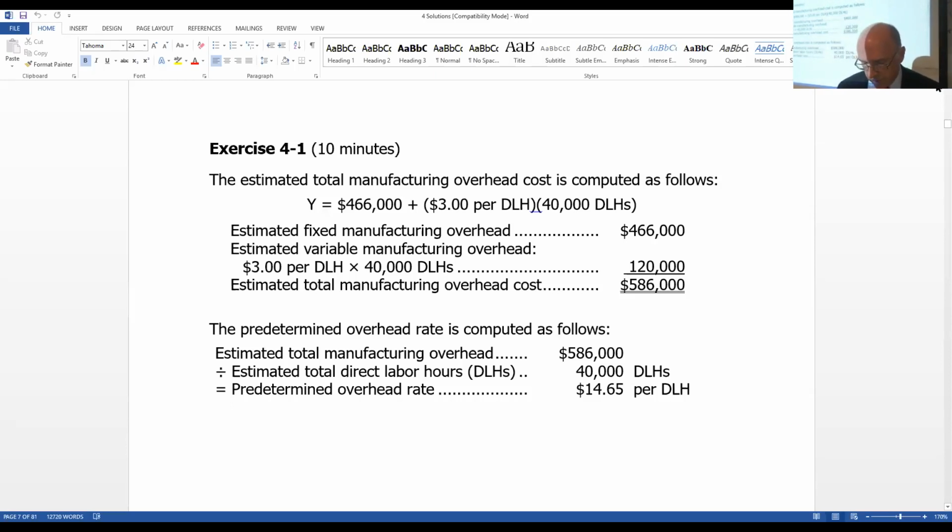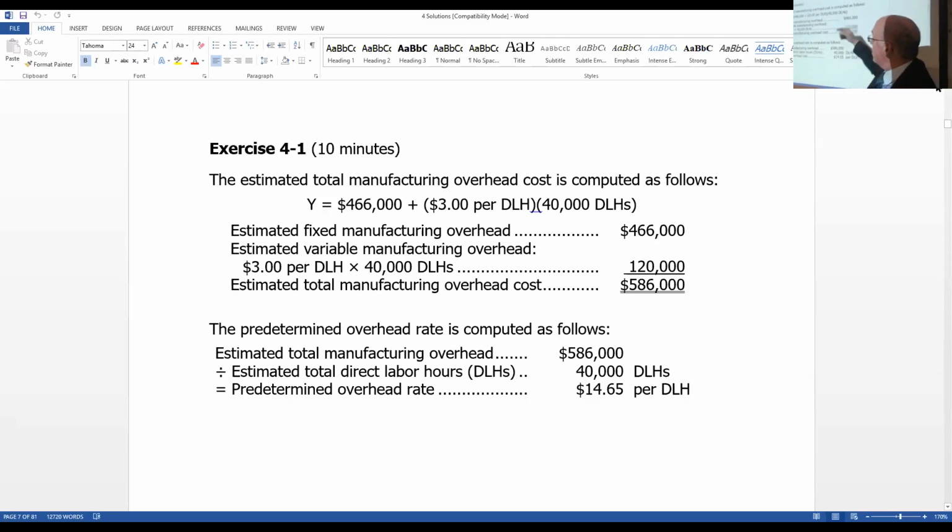So we have to compute the company's predetermined overhead rate. So here's how you do it. Again, the equation, y equals a plus bx. A represents the fixed cost, 466,000, plus $3 per direct labor hour, multiplied by the 40,000 labor hours they thought they were going to expend. They actually expended 41,000, but they didn't know that till the end of the year.